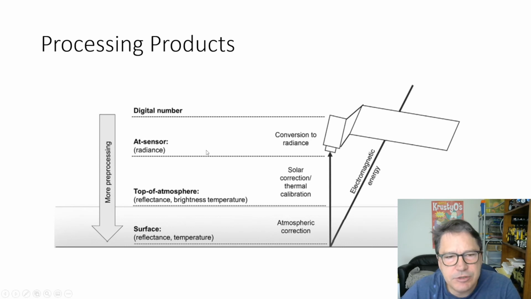This is a top of atmosphere radiance. That can also be converted to top of atmosphere reflectance and brightness temperature. This applies your thermal calibration and your solar correction. Again, this is a fairly simple computation. And then at the surface, once we've applied our atmospheric correction and our topographic correction, we get our surface reflectance and surface temperature.